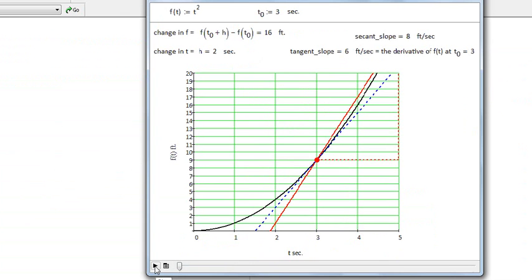You could have them go to a site, YouTube or something like that, play this video, and they see the convergence of the secant line to the tangent. They have these values as they're doing it, and they can write those down and make some kind of conclusion. Or you could have some kind of applet where you have them move sliders like this, one at a time, or enter in values.